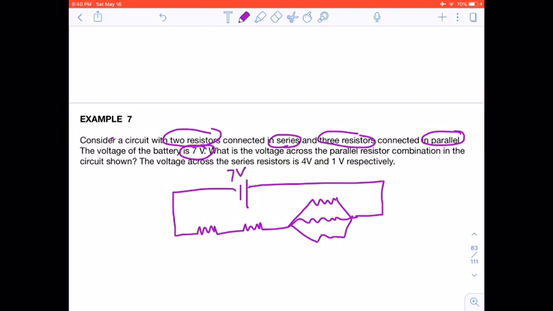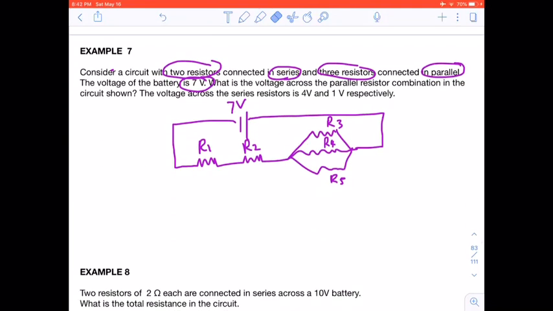Let's call these R1, R2, R3, R4 and R5. We didn't need to at this stage, but I've just labeled them like that.